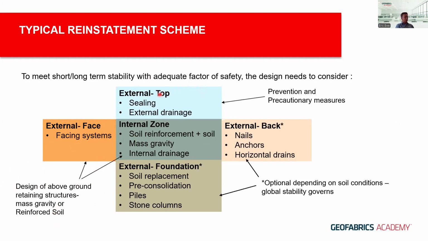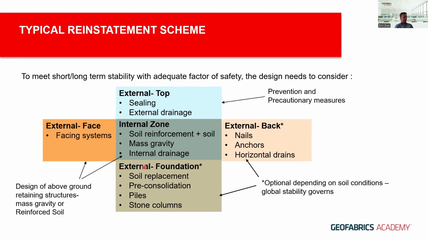The external or top part is probably more about prevention and precautionary measures, i.e. more on drainage consideration, preventing water from entering or ingress, or preventing surface runoff from eroding the upper portion of the retaining structures.